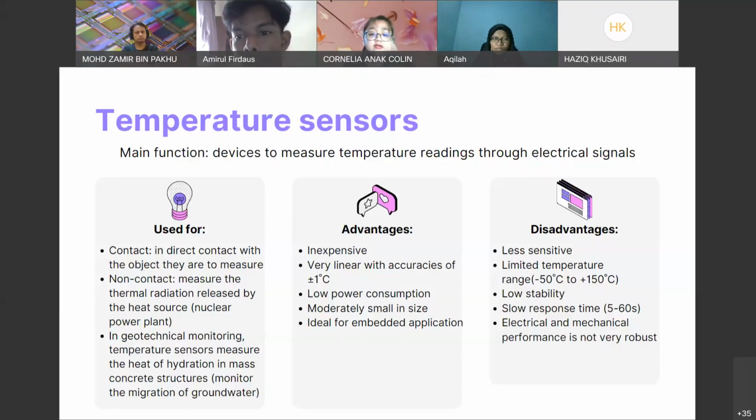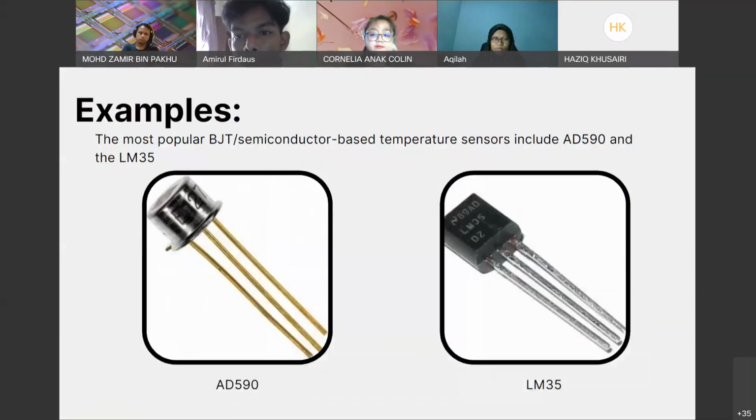It also has a slow response time, 5 to 60 seconds, and its electrical and mechanical performance is not very robust or not very wide in range. So next. These are the examples of the most popular BJT.